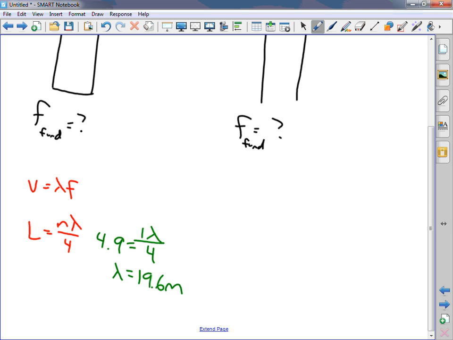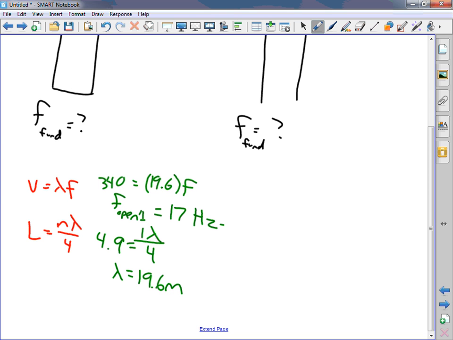Plug that in: 340 equals 19.6 times F. What's the frequency with one end open? 17.3 hertz. How many sig figs did I give you in this problem? Two. So what does this need to become? 17 hertz. Okay. Great. So about 17 hertz.